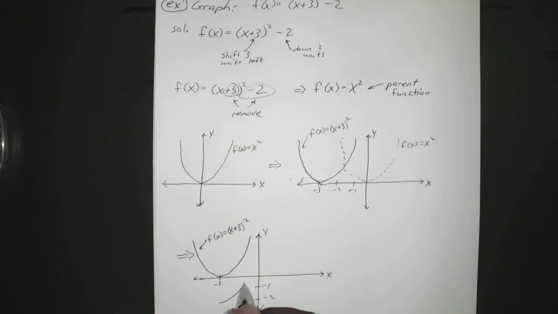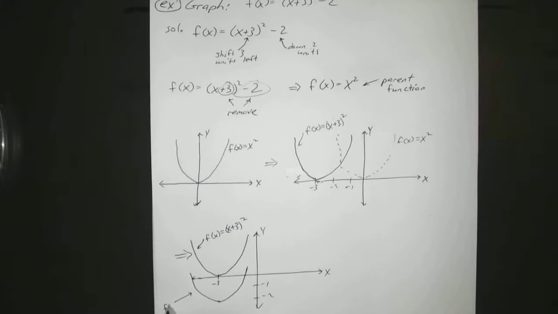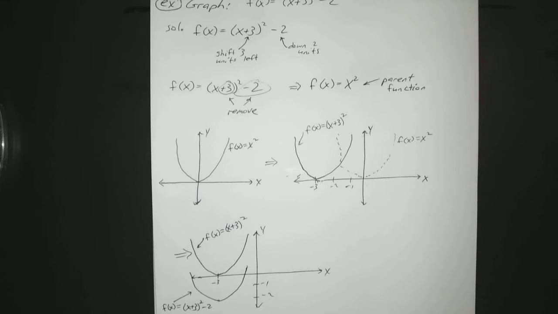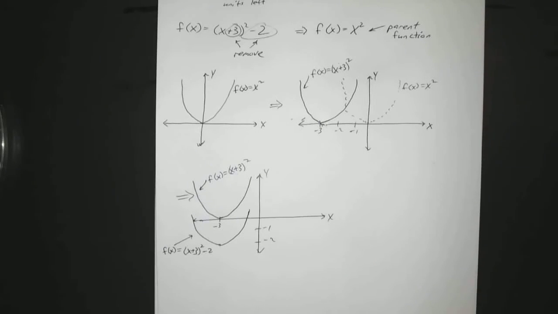But this f of x equals (x plus 3) squared, you're going to get that (x plus 3) squared minus 2. All right, forgot to draw that as a dotted line. But move that up a little bit. But does that make sense? All right. Any questions on this one?